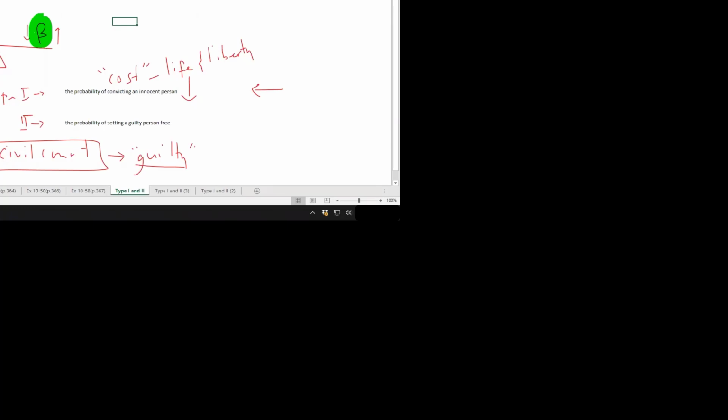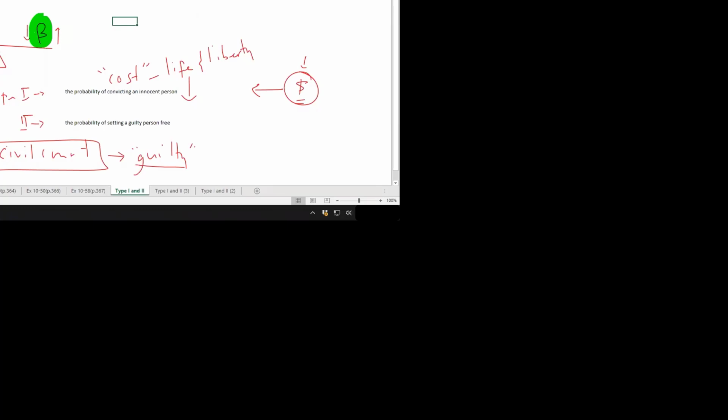Jail time. And civil courts are typically monetary, where the person accused pays money. So the cost associated with a type 1 error is monetary terms only. Okay?